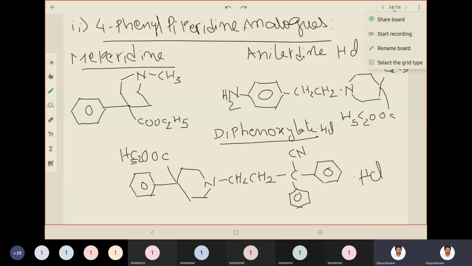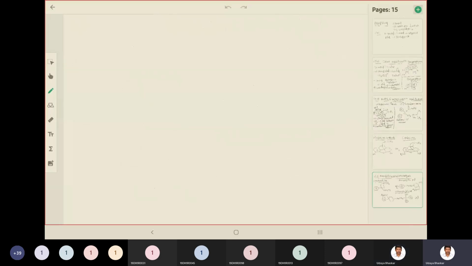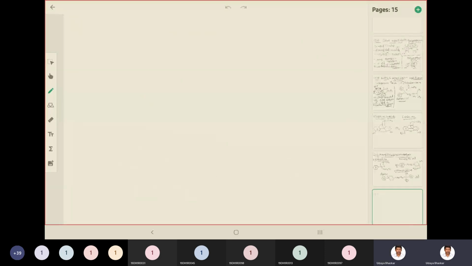Then we move on to the structure of loperamide. So this is also similar to that of diphenoxylate, but the changes are as follows.